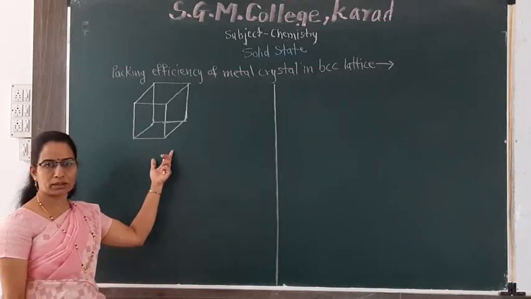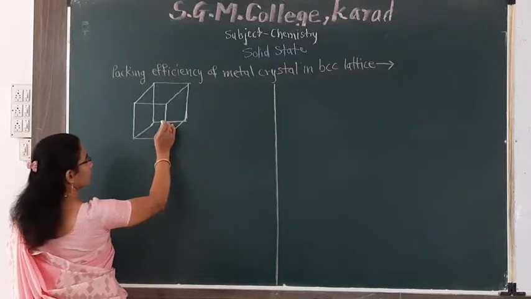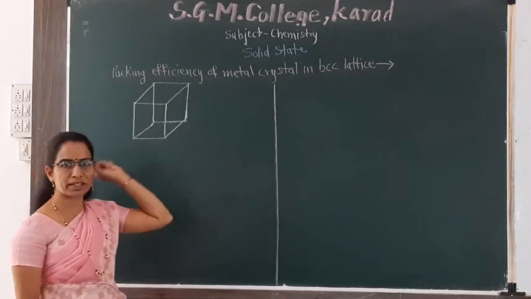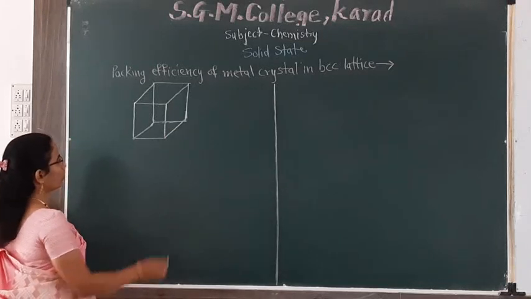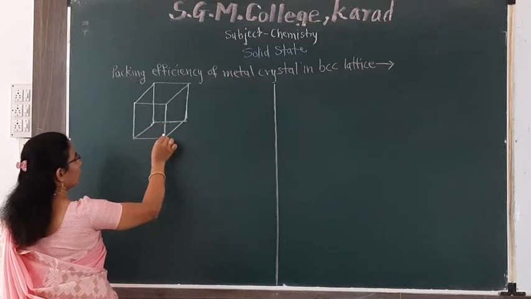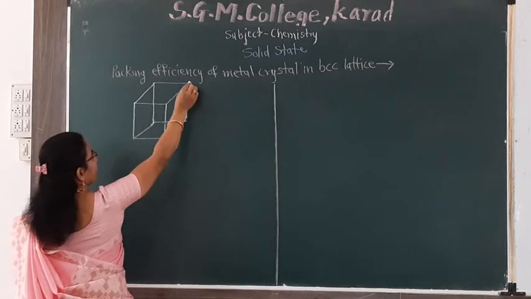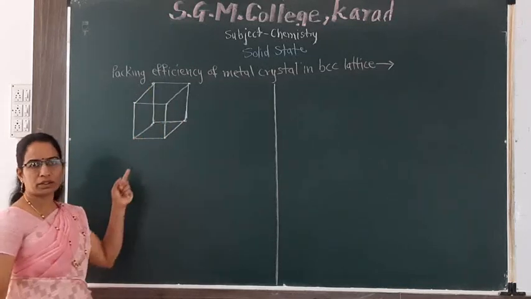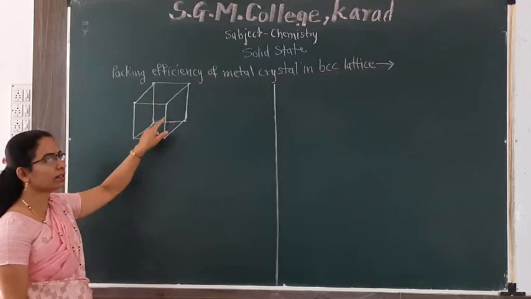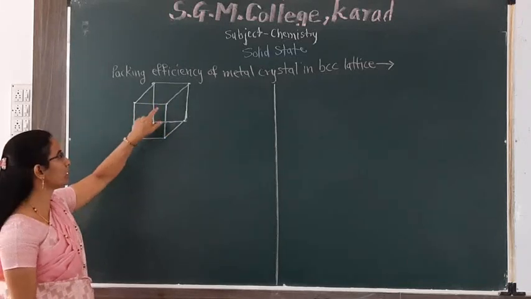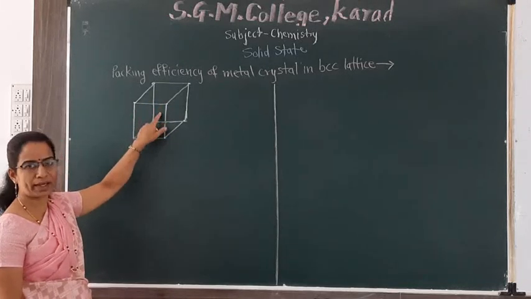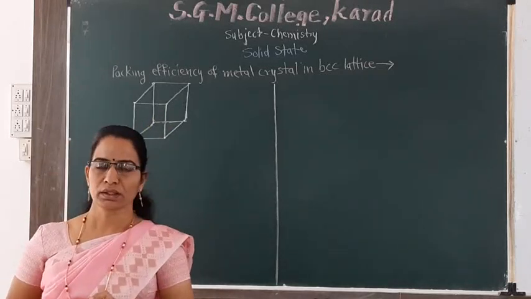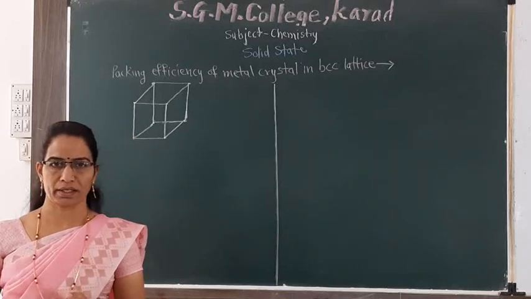See, this is a cube. Now, if you have to represent it as a BCC unit cell, what you have to do? You will show the 8 corner particles like this, and you will show one particle within the body of this unit cell. Now, you have to select any 2 corner particles.